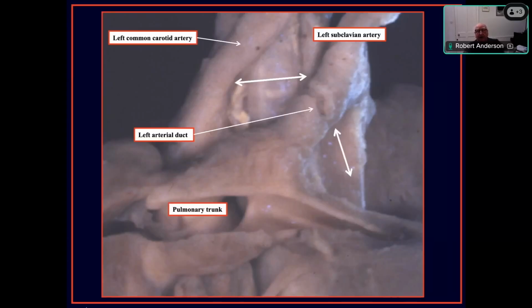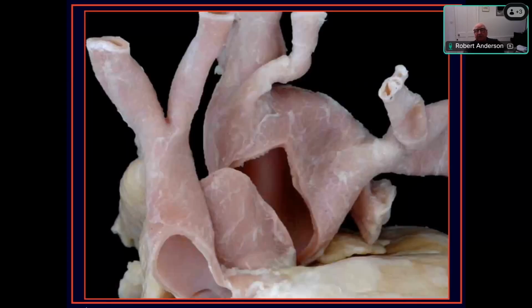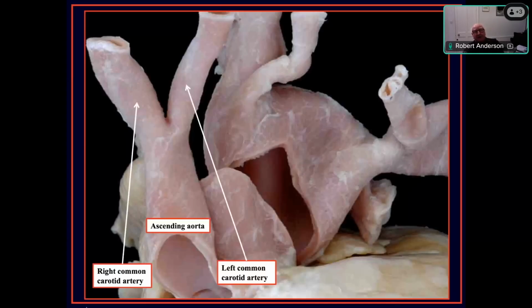And on occasion, as you see in this beautiful specimen, we can have isolation of both subclavian arteries. So here is the ascending aorta, which is giving rise to the right and left common carotid arteries. This initially was a double arch, but the dorsal part of both arches has now disappeared.